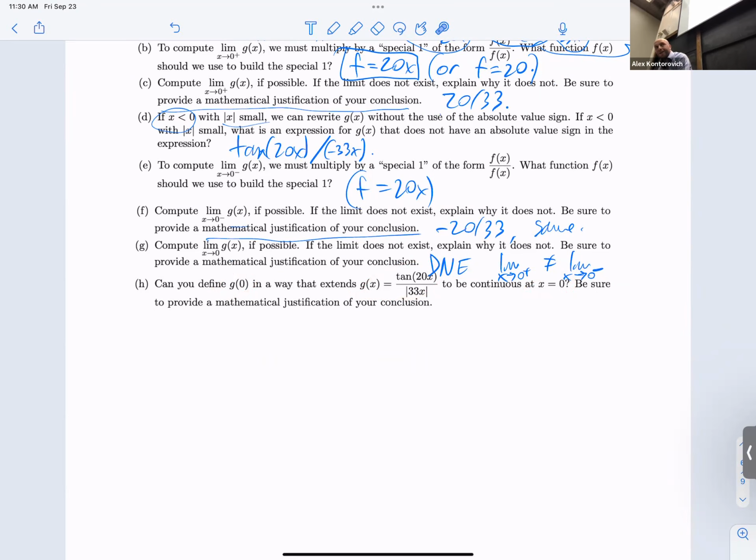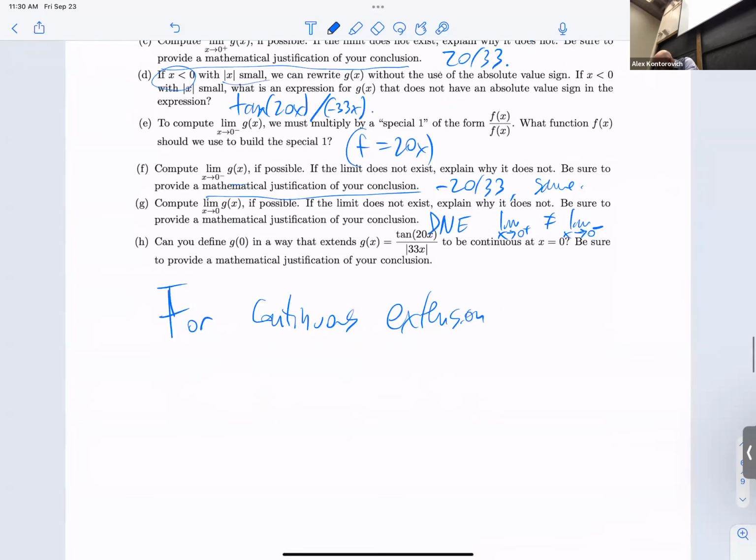No. Why not? For a continuous extension to exist, I left all this room to do all this work, but okay.